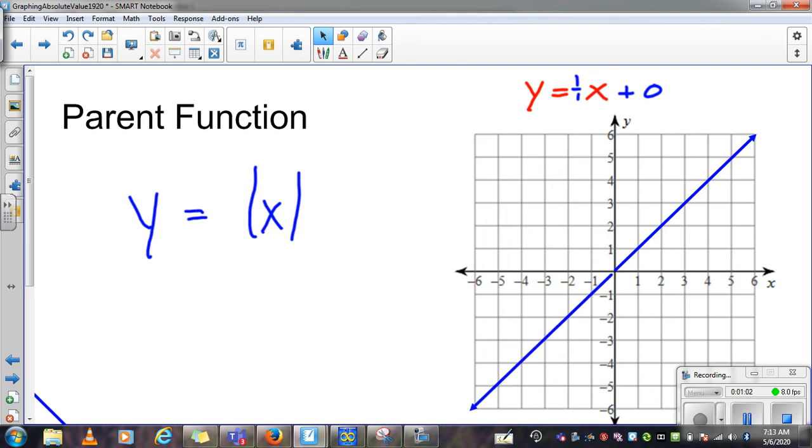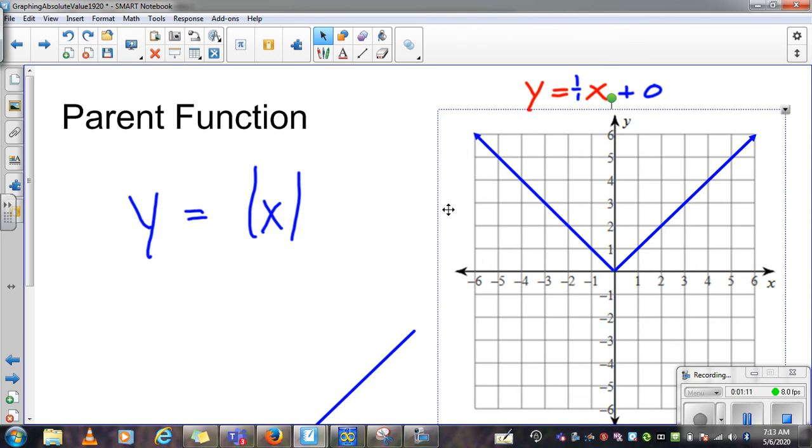So take all my negative y values and make them positive. And what that actually does is it flips it over the x-axis, and this becomes our parent function. So you'll notice all of our output values are all positive.